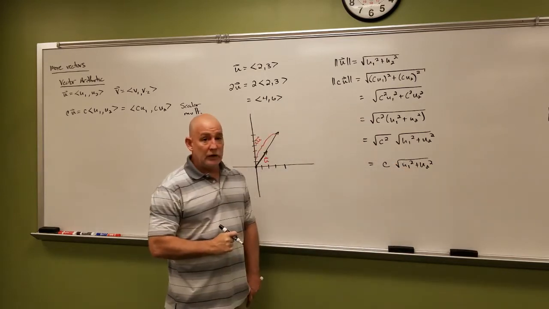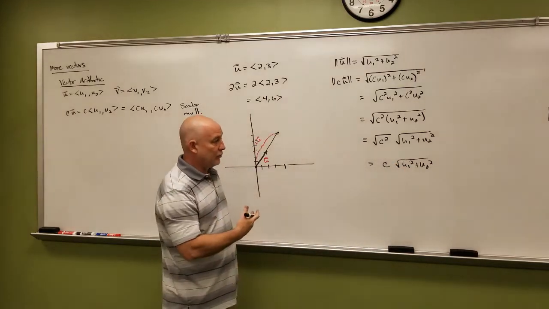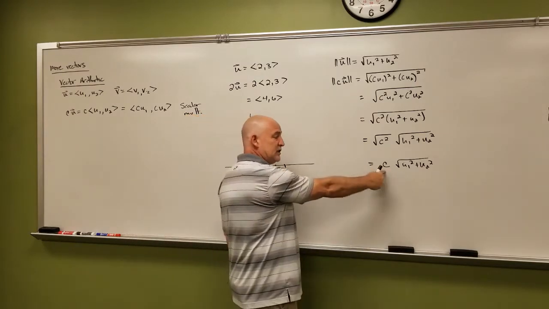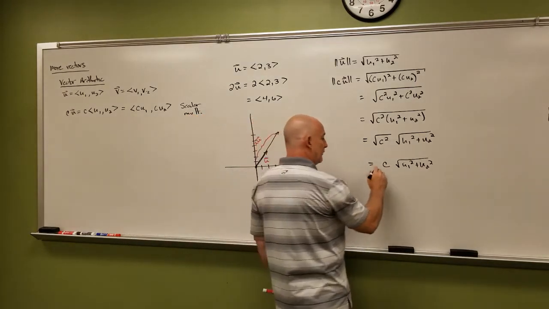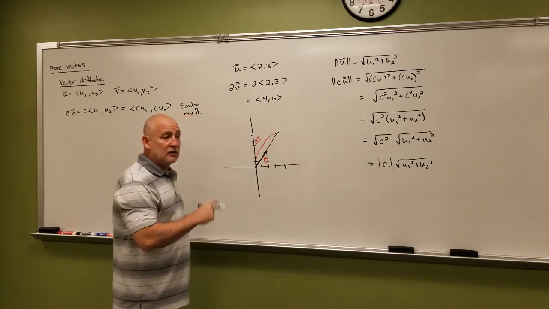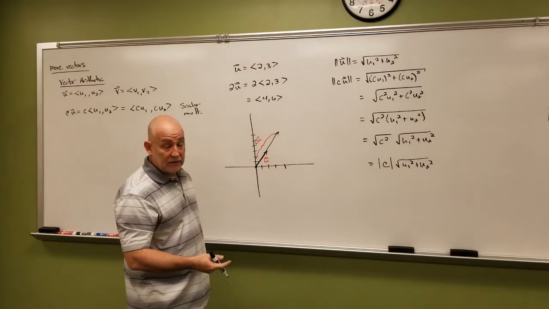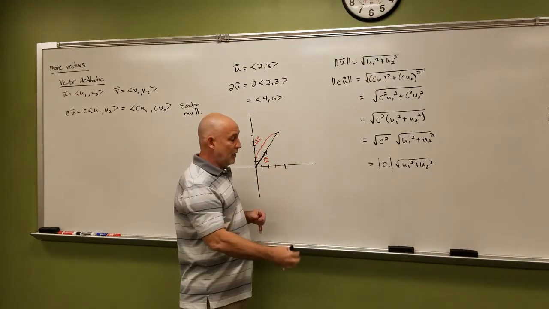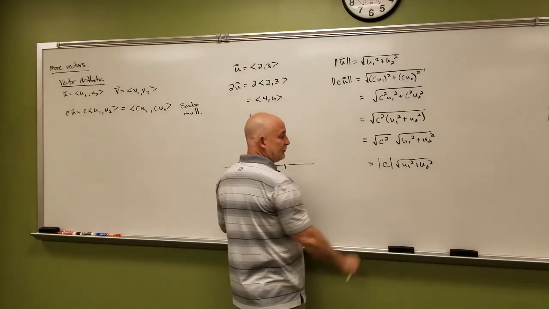Because remember, when we first defined the square root, it had to always have a positive answer. Since I don't know what c is, I have to make sure that it's positive by putting absolute values on it. So anytime you take the square root of something squared, or technically the even root of something raised to the same even power, you always get this absolute value.